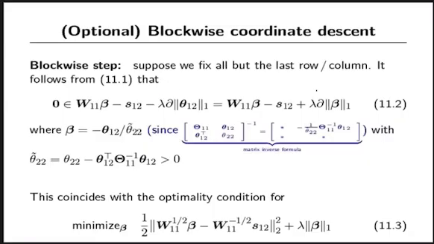If you take a look at what I have here, you're going to see W11 and theta 12. The one with 11 corresponds to every other column except the one you are updating, and theta 12 is the one you are updating.